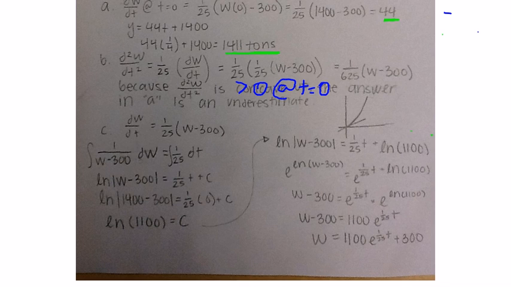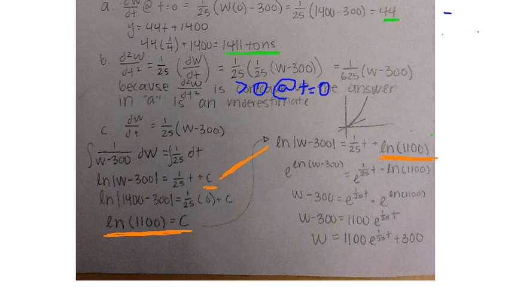So don't let that freak you out in any way. So you separate the variables, take the antiderivative, don't forget your C. Then you find C and plug that back in. I'm just plugging in the C value that I found here.